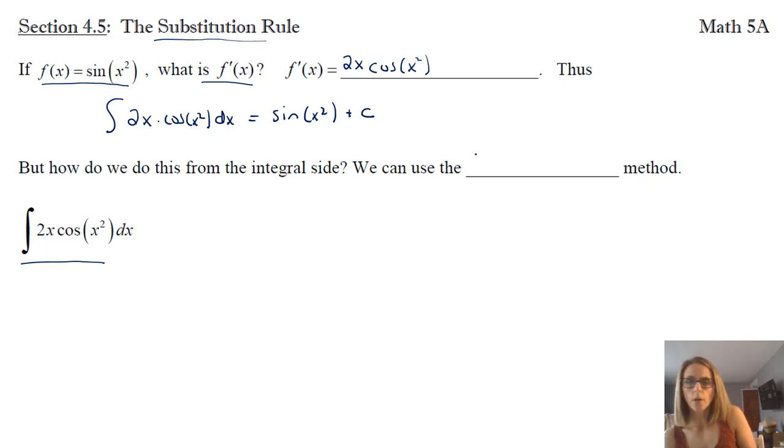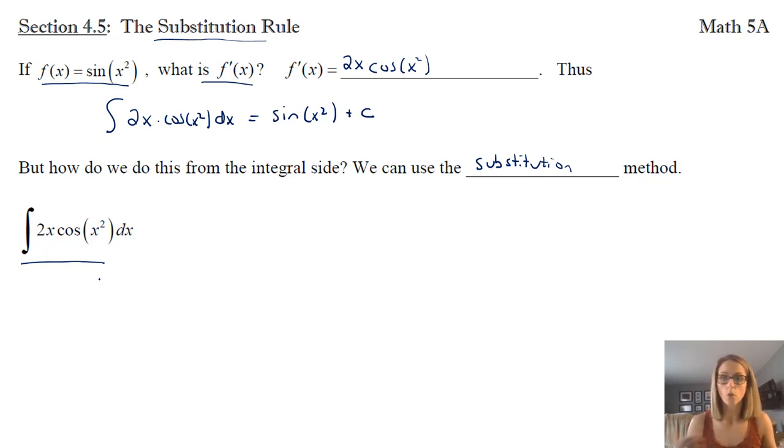So in order to do problems like this, certain problems, we can use what's called the substitution method. So it literally uses substitution. And basically what we do is we take this integral, like that you see here, and we rewrite it so that instead of having x's, it has another variable.